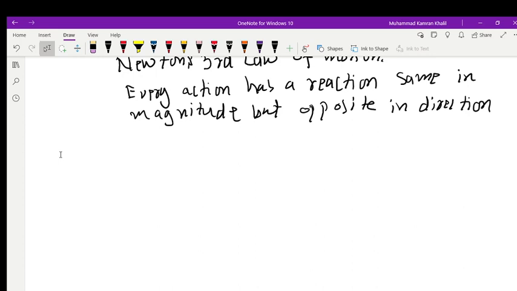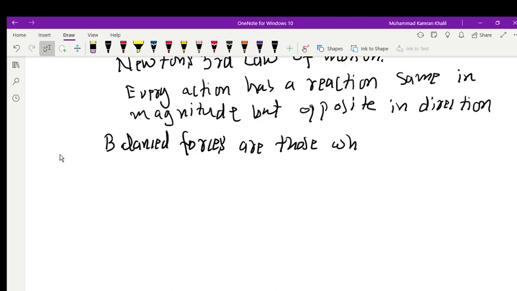So balanced forces are those forces which have a resultant force equal to 0.